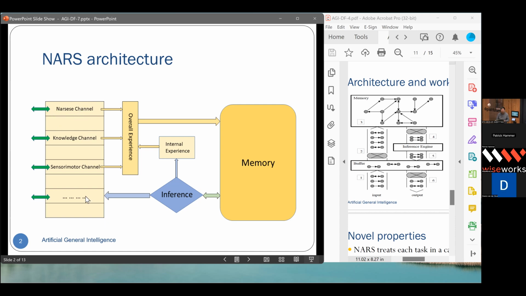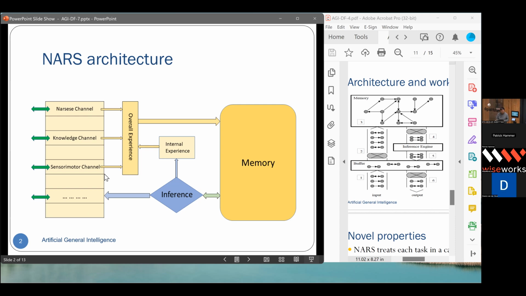You have a first line of filters in the channels, each of them for one type of thing, and the information there will be selectively fed into this overall experience buffer, which will do the second level of selection. This is a mechanism to handle more complicated input situations.